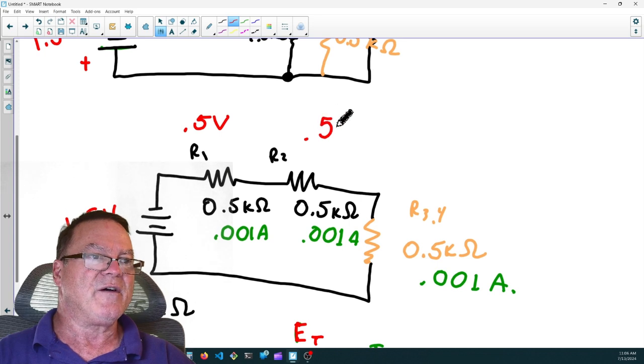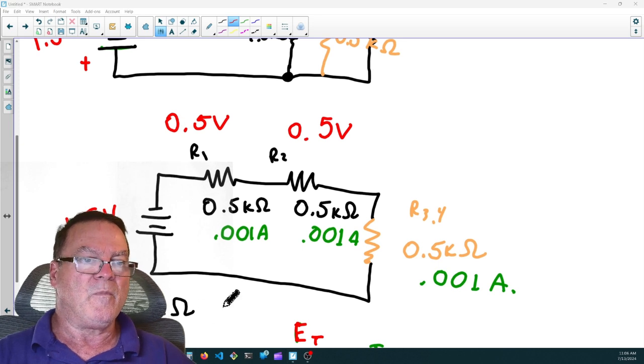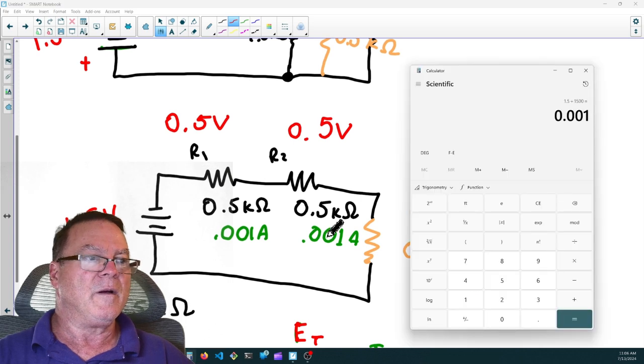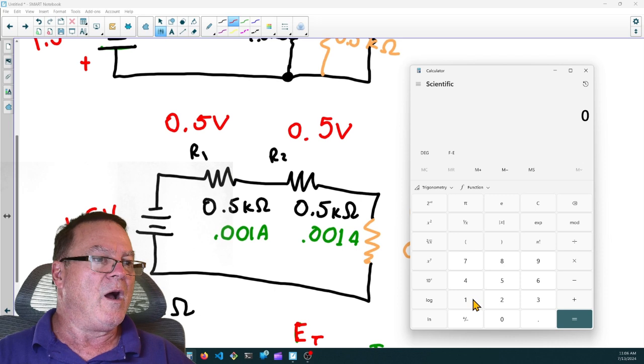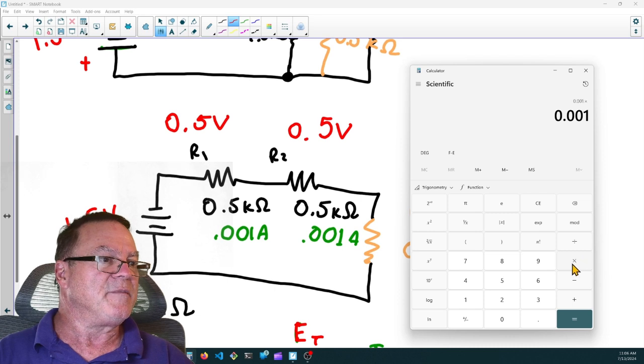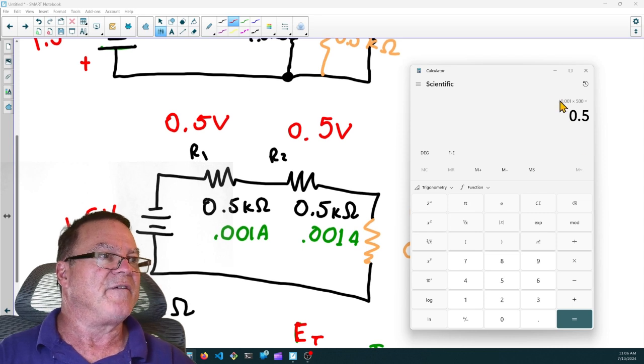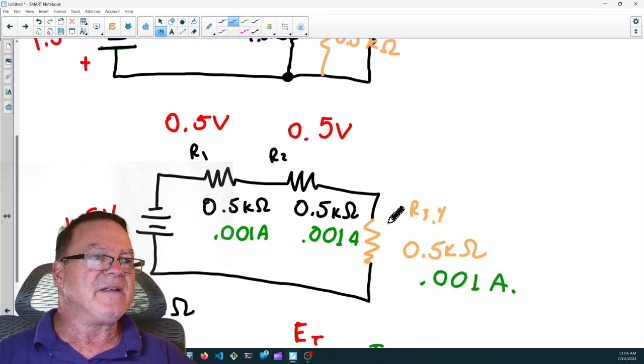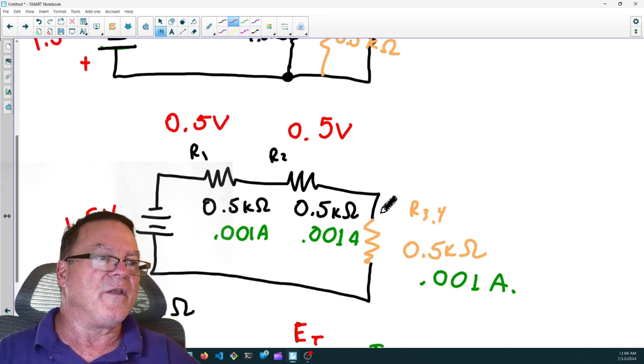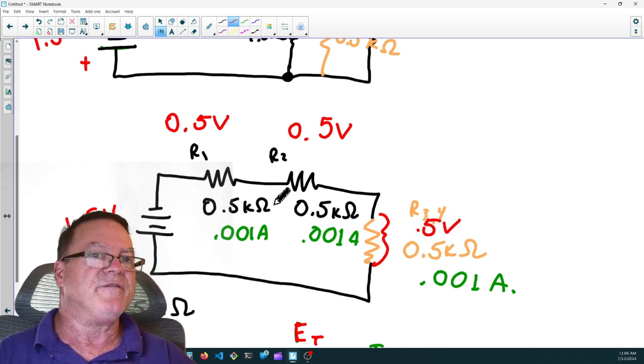And we'll do that on the calculator to make sure that I'm not lying to you. 0.001 times 500 equals 0.5. It's a half a volt. So that means that over here on R34, we have 0.5 volts dropped across R34.